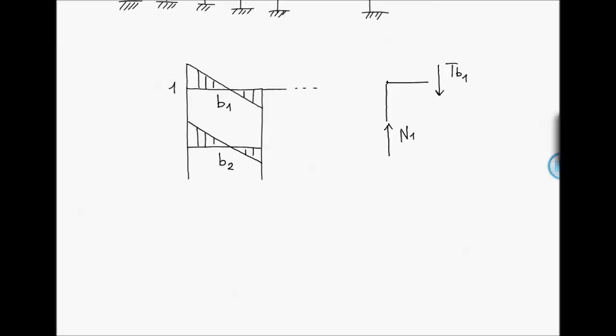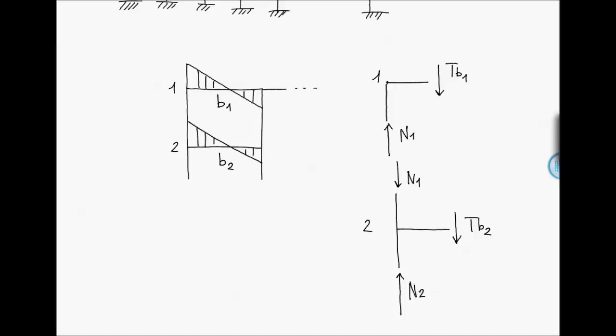This is node 1, let's say. If we now consider node 2, we are in this situation. We have the force N1 coming from the column 1. Then we have the shear force TB2, which is the shear on beam B2. We sum up these two contributions and we obtain a compressive force N2 on the second column.